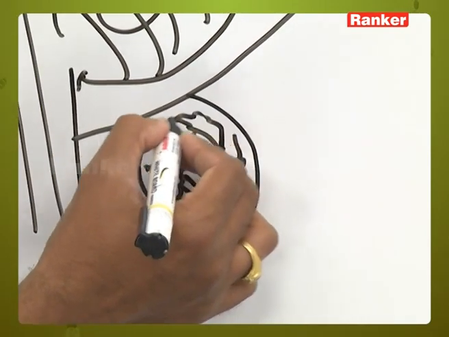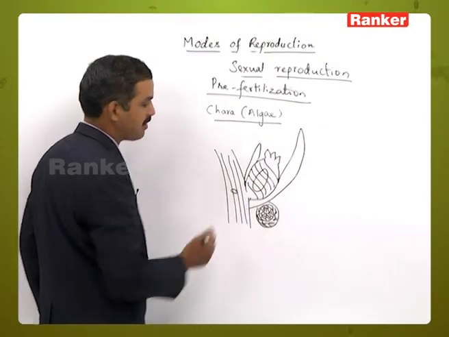This spherical shaped structure is the male reproductive structure and this is the female reproductive structure.